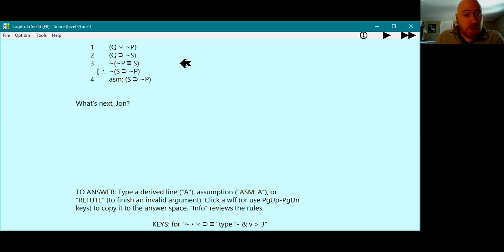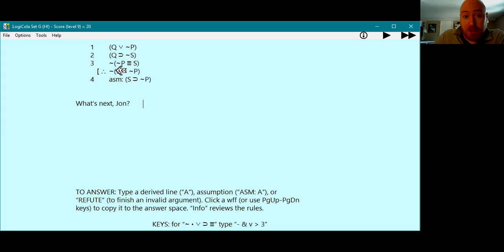All right. Okay, now as far as lines that can be broken up, line 1 cannot be broken up, can't be simplified unless I know that either Q is false or not P is false. And right now I don't have either one of those things. Line 2, if Q, then not S. All right, I can either prove Q true or S true, which means not S is false.